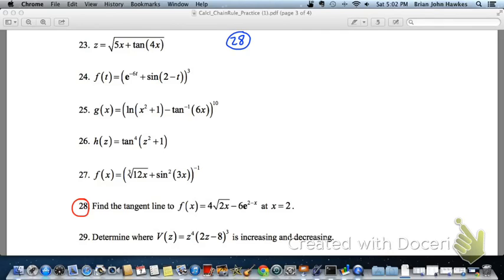This is kind of like a crash session in derivatives. Since you've already had this section, you've already gone through chapter 3, you've already done derivatives, I'm really just trying to give you as much practice as I can so we can get to future concepts that you haven't seen yet, and spend more time on those.